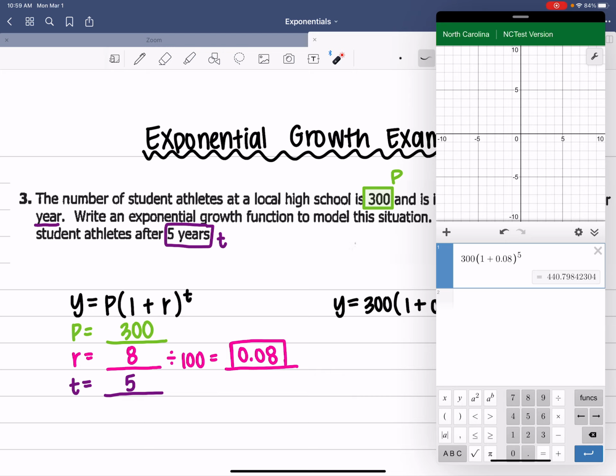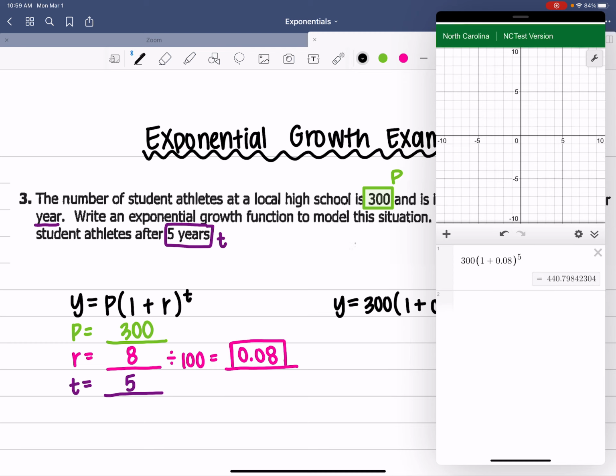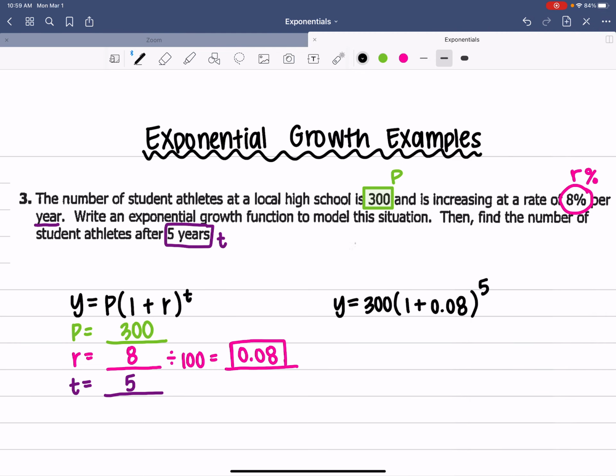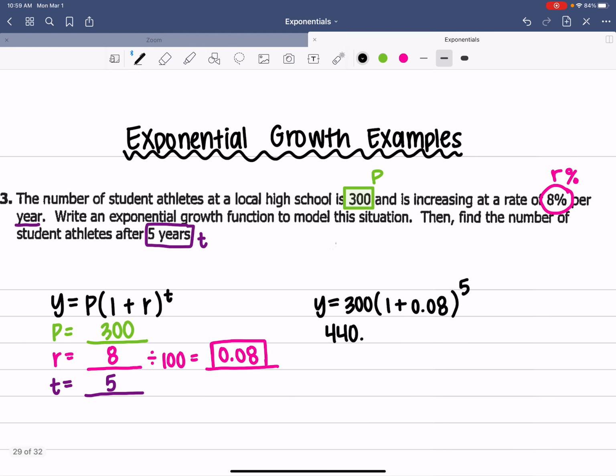So this gives us the number of student athletes after 5 years is 440.7. So we can't have 0.7 of a student, so we would say about 441 students. Since we got 440 point, I think it was 79, let's see.